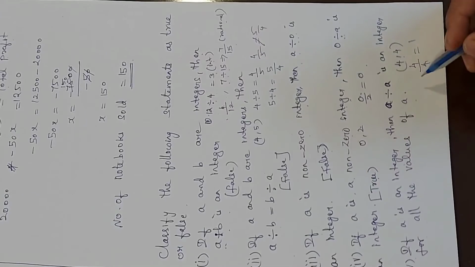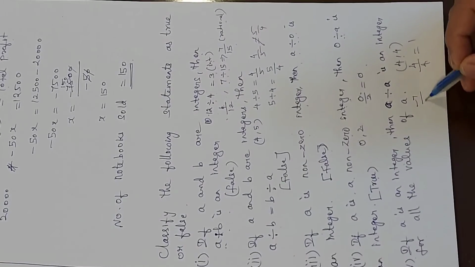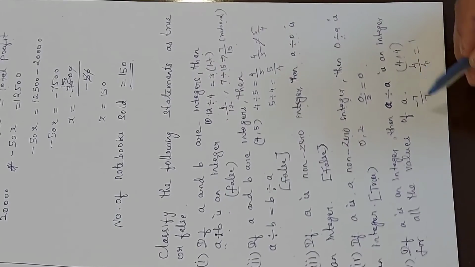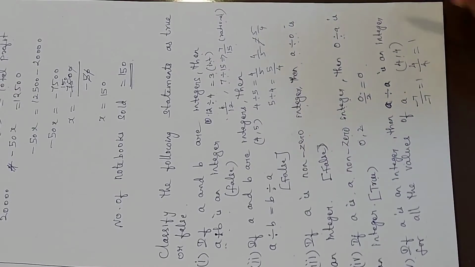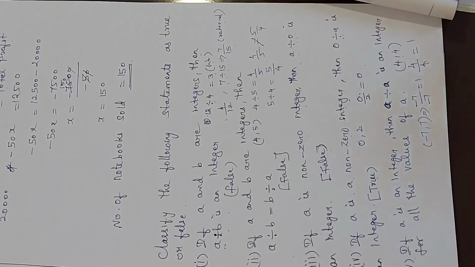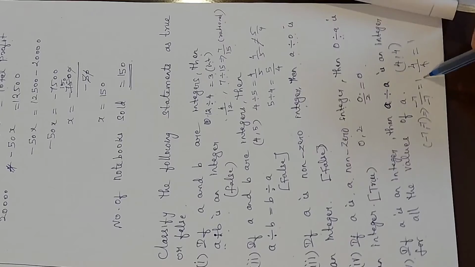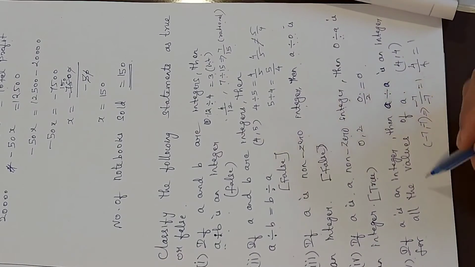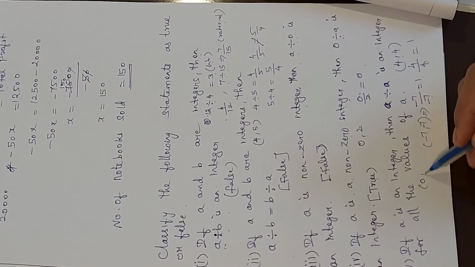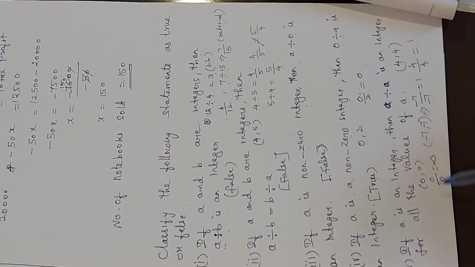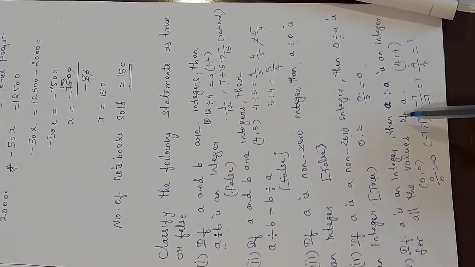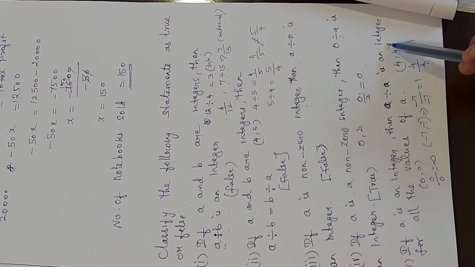And minus 7 divided by minus 7 is equal to 1. If a has a value of 0, then if I divide 0 by 0, there is no meaning in that, right? So we cannot say that for all values of a, a divided by a is an integer.